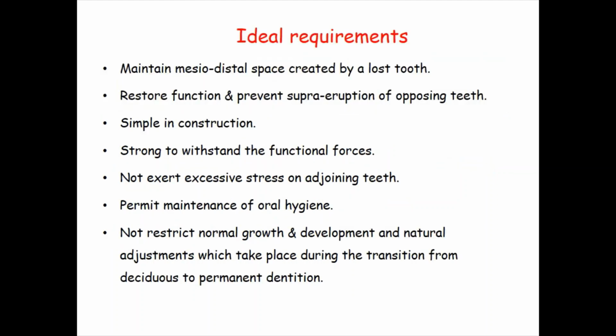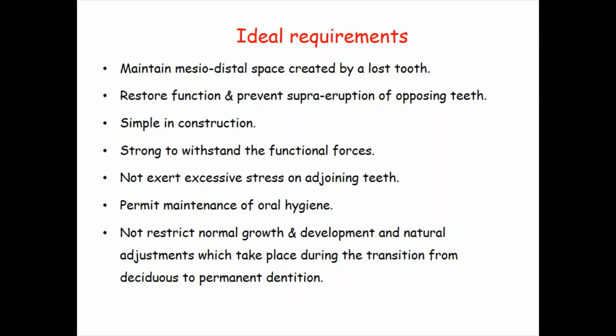The ideal requirements of a space maintainer are: it should maintain the mesiodistal width that needs to be maintained, which was created by a lost tooth, restore the function and prevent the supraeruption of the opposing teeth. It should be simple in construction.